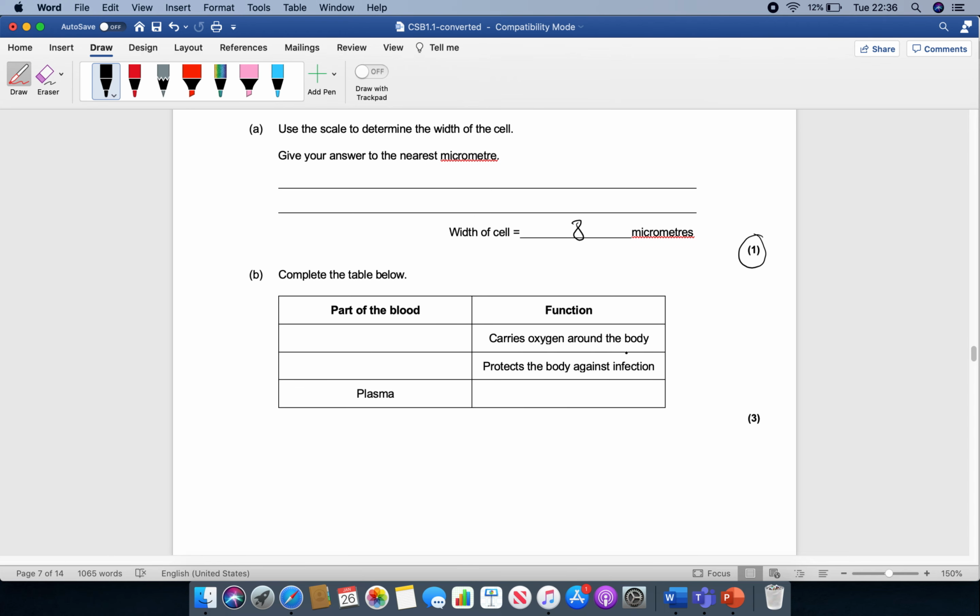but it's not necessary as it's only 1 mark. Next question. Complete the table below: part of the blood and the function. What part of the blood carries oxygen around the body? It's going to be red blood cells. Protects the body against infection: it's going to be white blood cells.